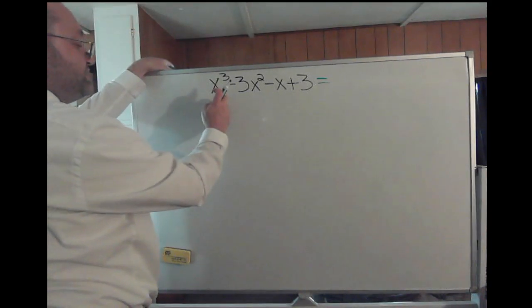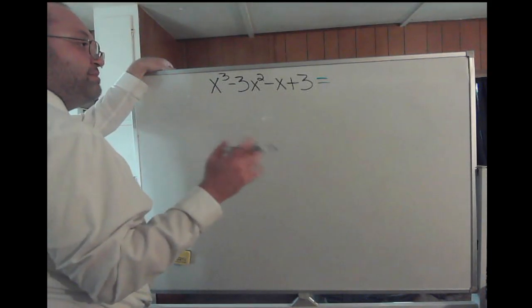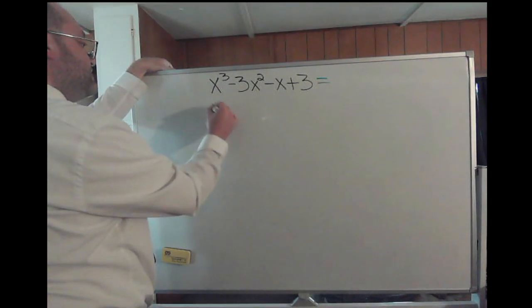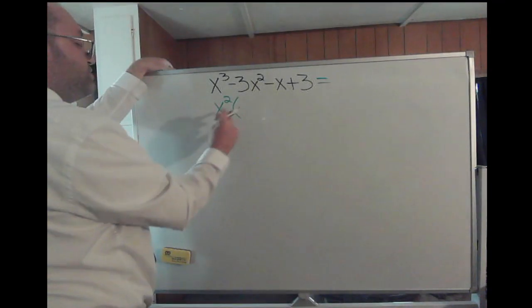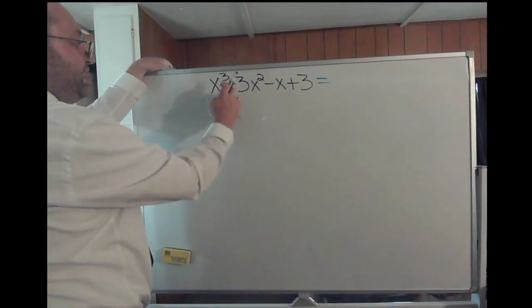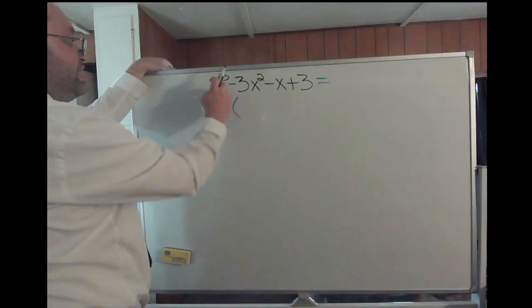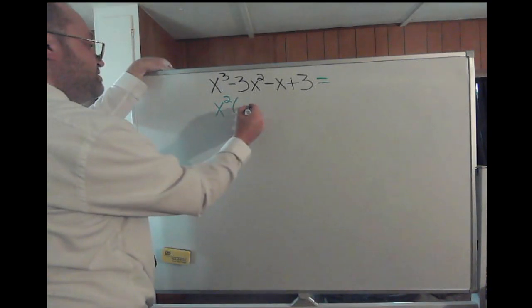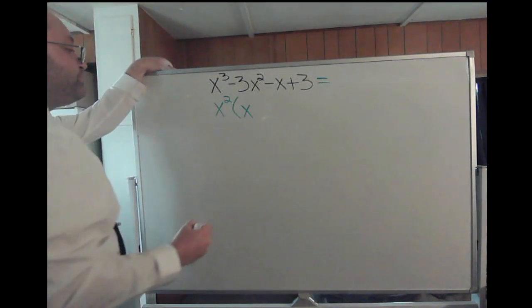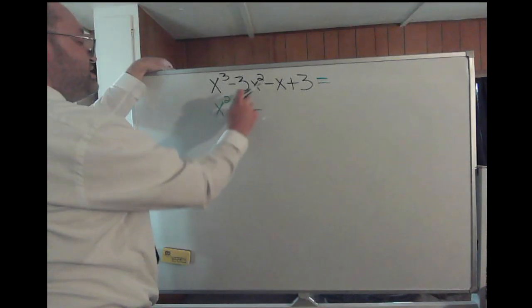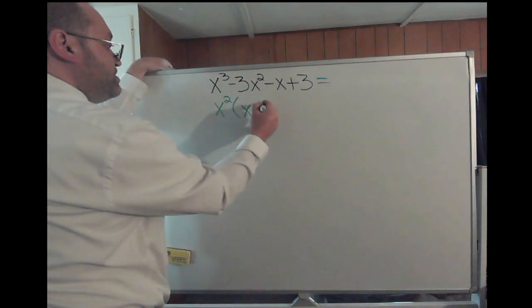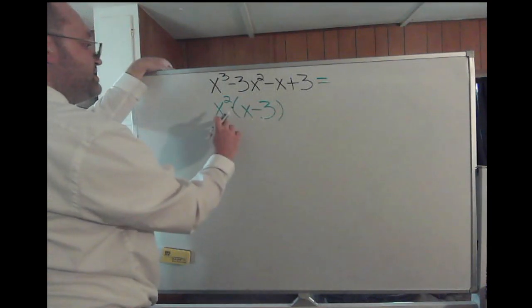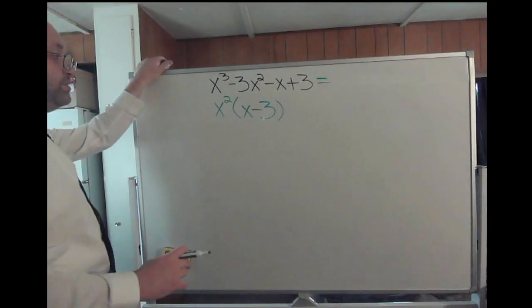So between x cubed and 3x squared, what's the common factor? Definitely x squared. X squared is factored out as a common factor of the first two terms. X squared times what equals x cubed? Well, that'd just be x. Minus x squared times what equals 3x squared? That'd just be 3. So far we have x squared times the quantity of x minus 3.